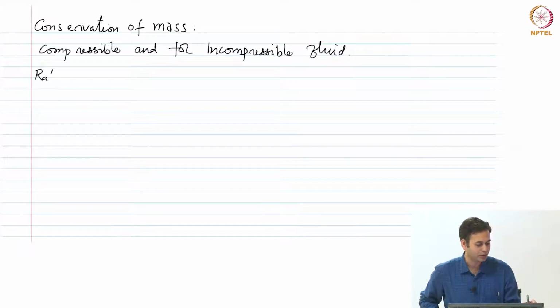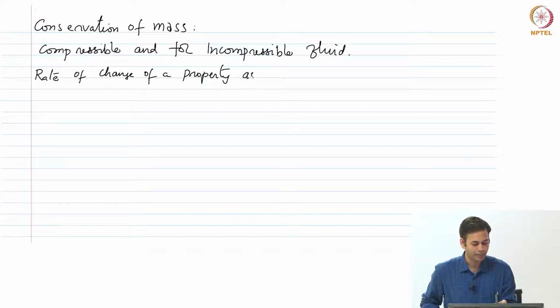This is in preparation for the momentum equations and the energy equation. So we are going to look at the rate of change of a property of fluid as we follow a fluid particle.